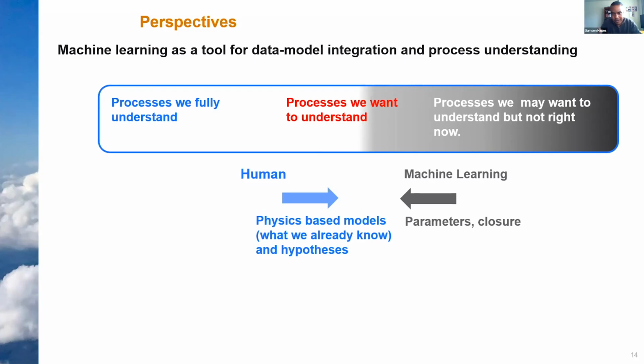Once you have a physics-based model and a hypothesis, the machine learning algorithm could assist us to test whether our hypothesis is correct. And if the hypothesis is correct, then what parameters would be provided for the closure. If the parameters and the closures do not make any physical sense, then we have to go back and check our hypothesis, or otherwise you would have the structural problems that we have been discussing.